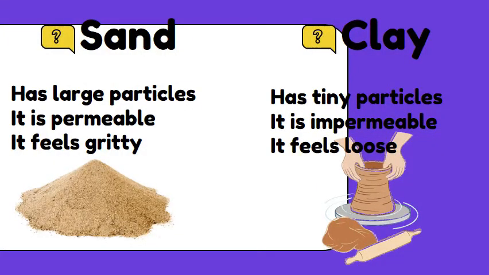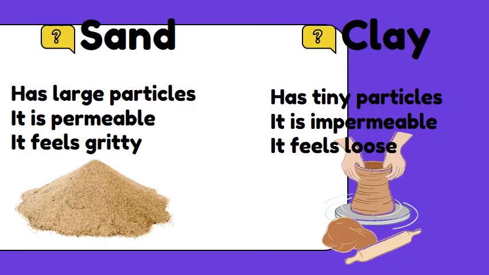Now we're going to learn the difference between sand and clay. We've learned this lesson before. This is a quick review about sand and clay. We know that sand has large particles while clay has tiny particles.